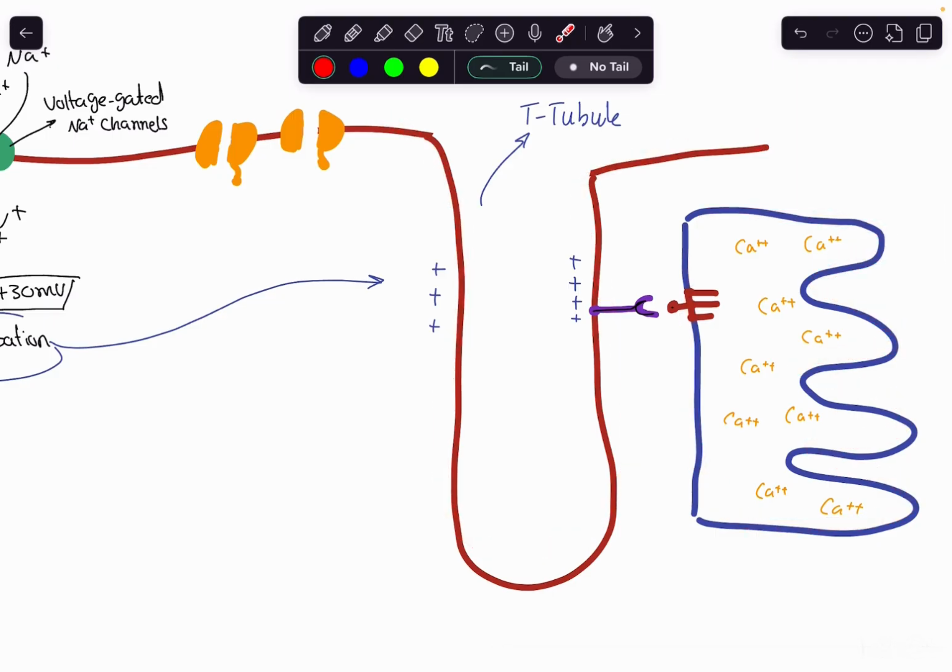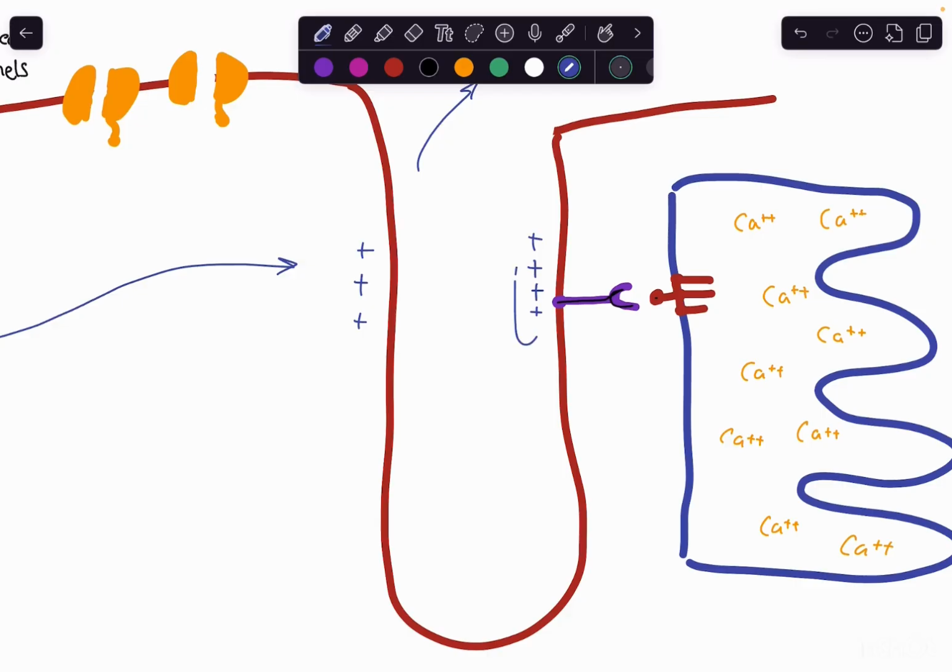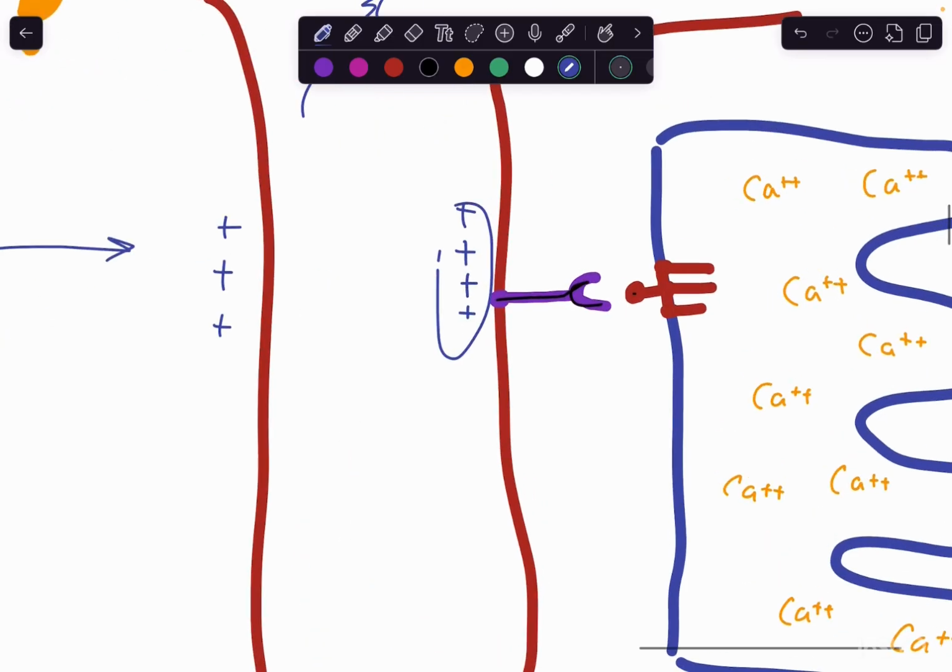And the sarcoplasmic reticulum is a calcium storage center. So this depolarization wave, once it arrives here, triggers this specific receptor, and it's called dihydropyridine. Dihydropyridine receptor binds to this portion here of this receptor, and this one is called ryanodine. It sort of pulls it back and opens this gate.